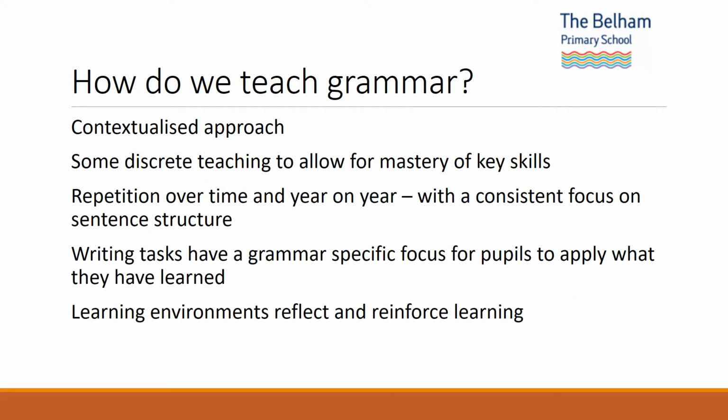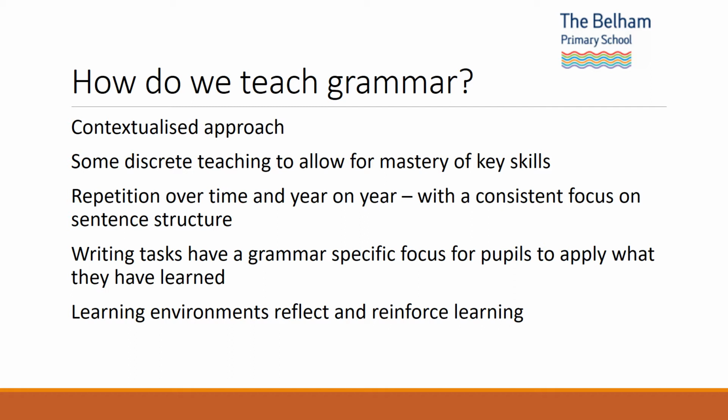So before we launch into the very nitty-gritty parts of this presentation, I want to quickly talk about how we teach grammar at the Bellum. First and foremost, we take a contextualised approach, which means all of our literacy learning is based on core, high quality texts, which means the children have a model straight away of how to use different grammatical structures and strategies within writing and how to communicate those effectively.